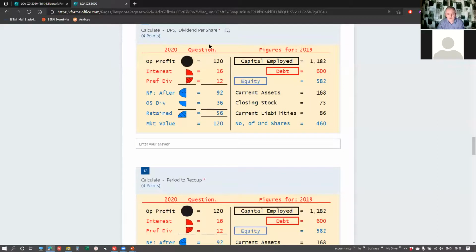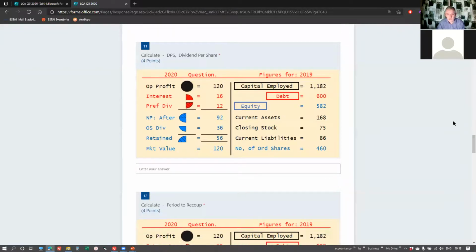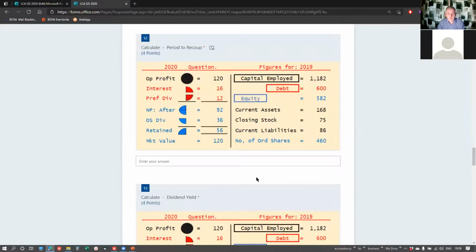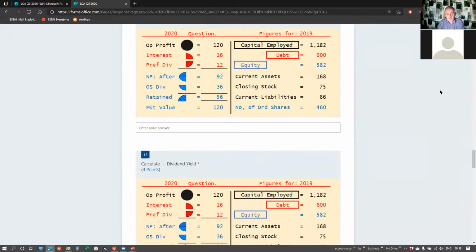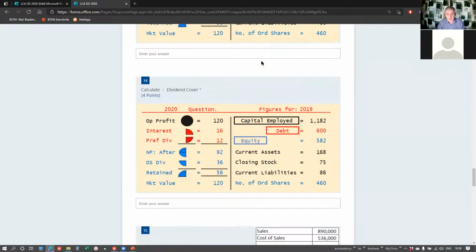I'm going through these for a reason, okay, as opposed to just trying to bore you. Dividend per share, there's the dividend, there's the number of shares. Period to recoup, there's the years, and we have the dividend per share. Dividend yield, there's the market price again, and we have the dividend per share.